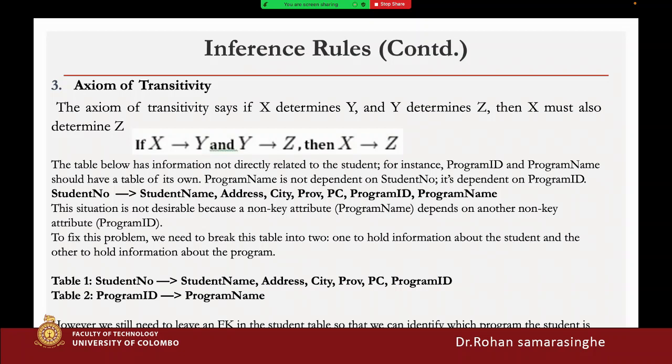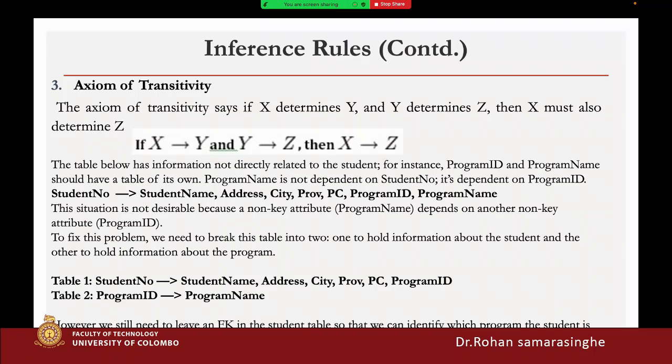So program ID, program name. In the second table, the program ID would be the primary key, and you must place it in the student table as the program ID. This is the foreign key. From this foreign key you can get the program name that this particular student is following.